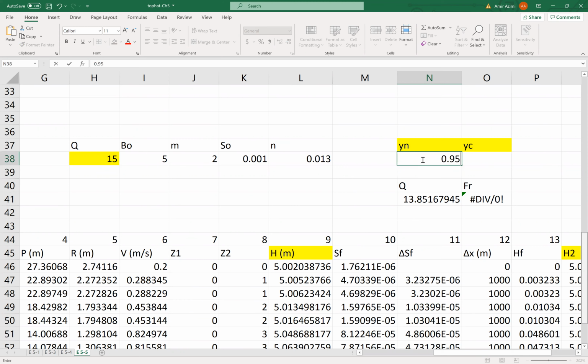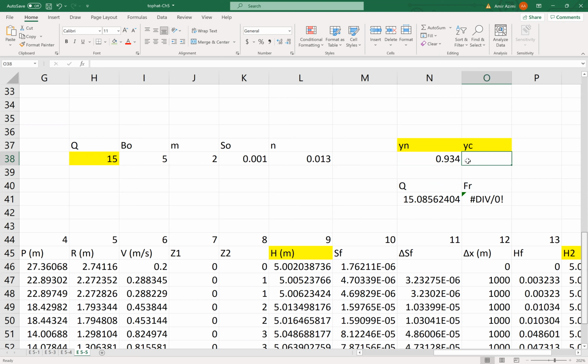I try 0.95, maybe 0.94, 0.93. Okay, 0.935. Okay, 0.934. Yeah, we are close. So 15.08 versus 15. Three digits after the decimal point is good enough.